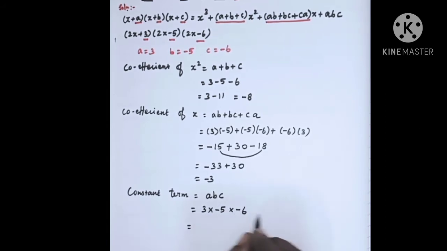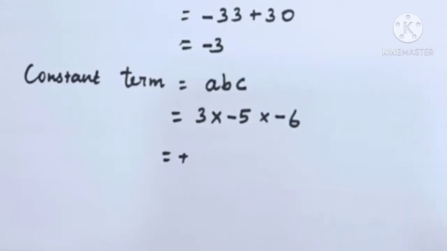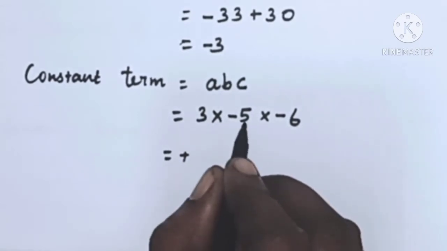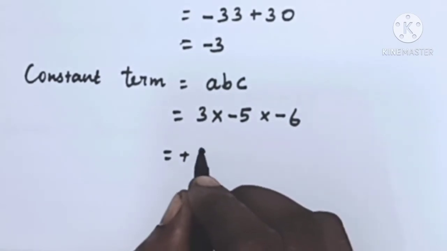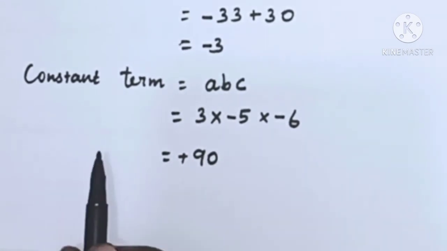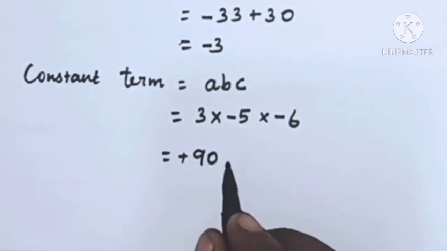So multiplying these three numbers, we have two negative symbols here. So minus into minus we have plus. 3 5s are 15. 15 into 6, 90. So plus 90. This is the answer for the constant term.